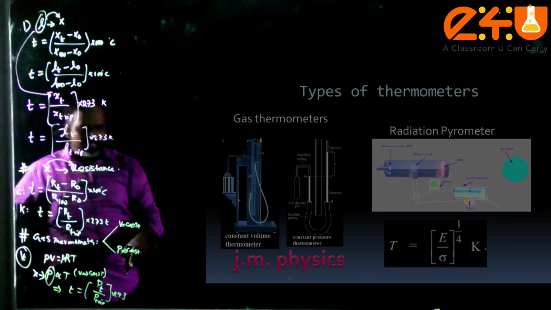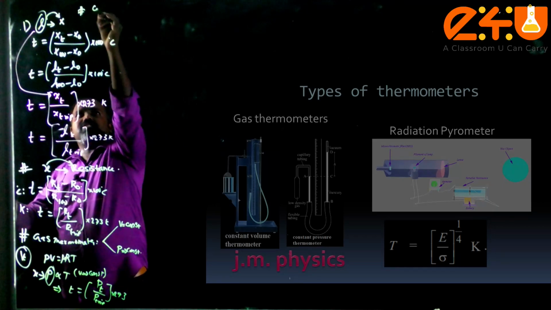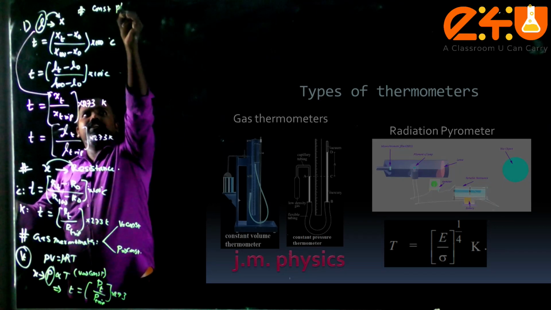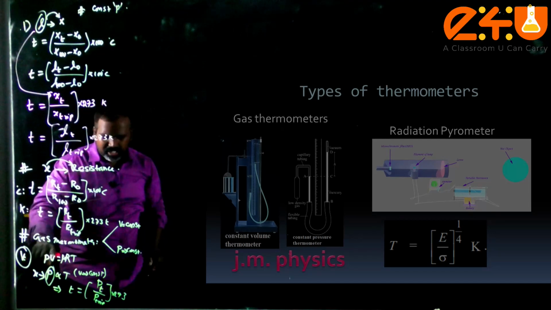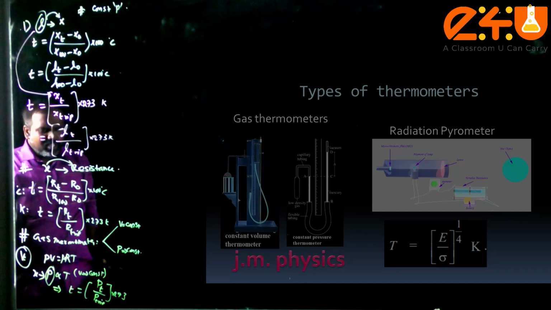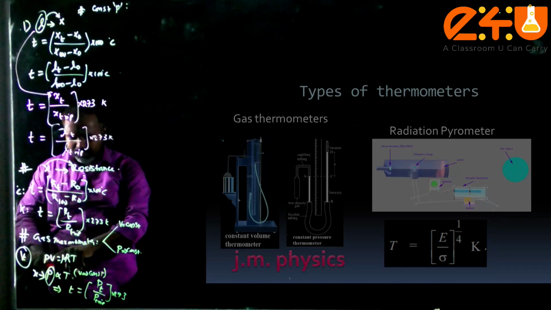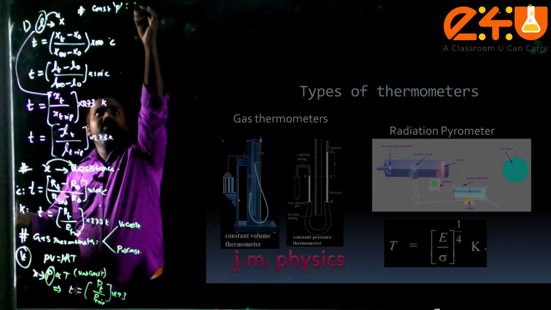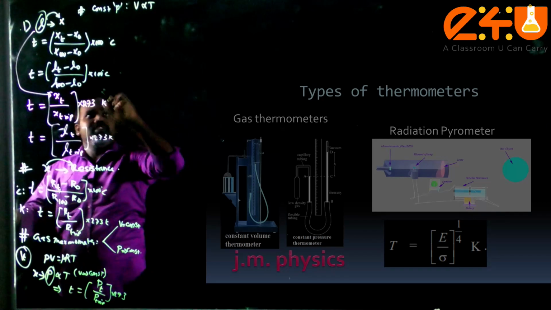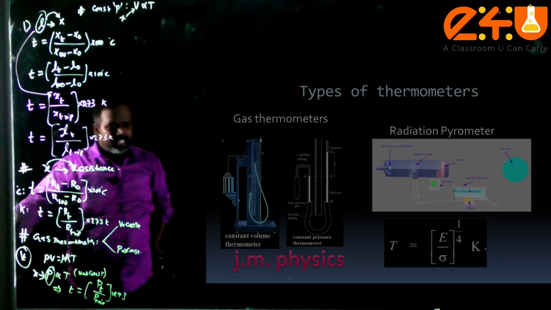Similarly, the other one is the constant pressure thermometer. If you maintain constant pressure in the ideal gas equation, then the volume changes with respect to temperature. Since P is constant and taken outside, V is proportional to T. In this case, the corresponding physical quantity is the volume of the gas.